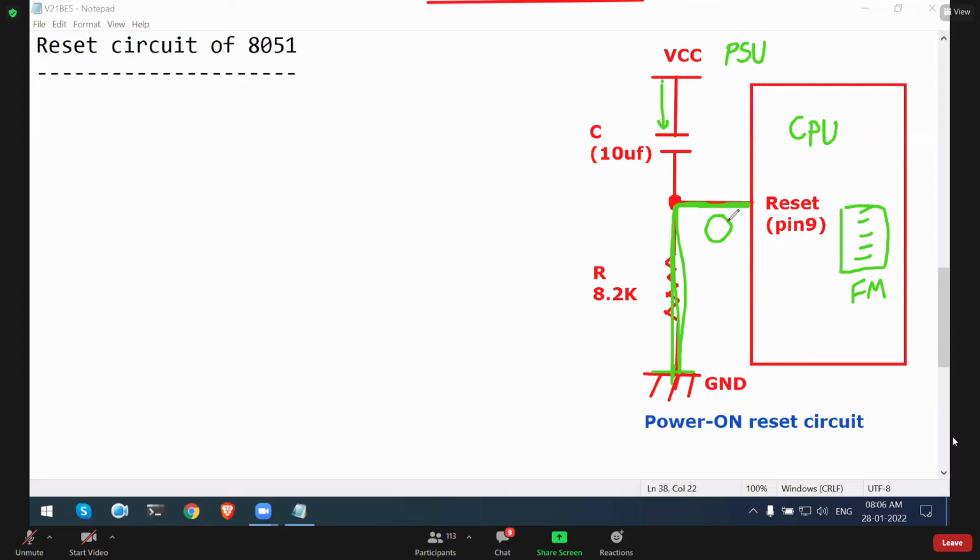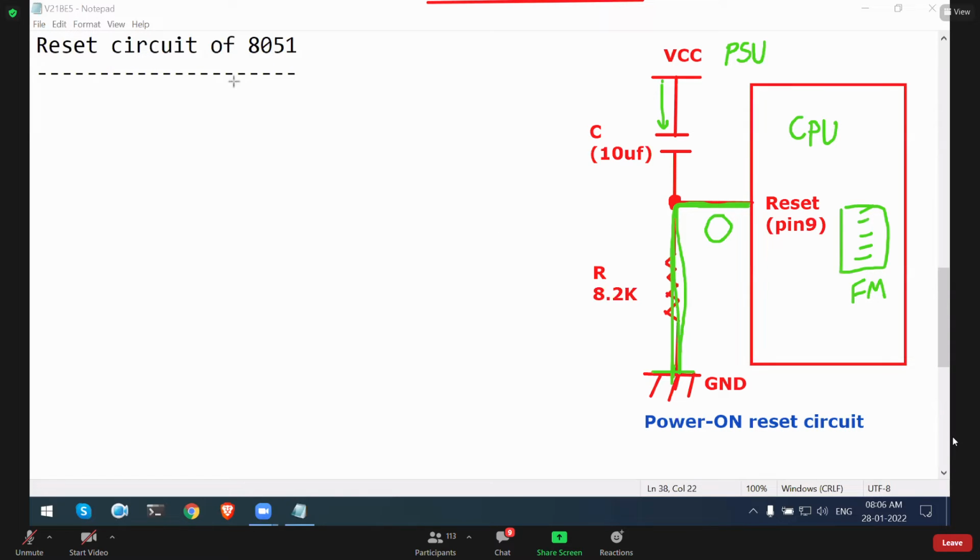As soon as you power on the board, the microcontroller will reset and execution will start, because this power on reset circuit will reset the microcontroller, and after some time, the reset pin becomes 0. If the reset pin becomes 0, then the CPU will execute the program. Okay, so this is power on reset.